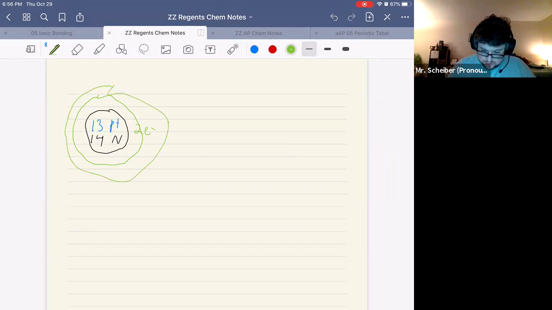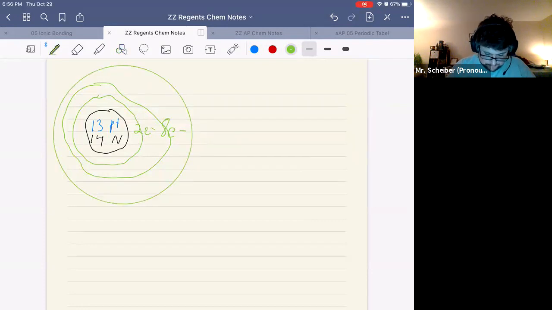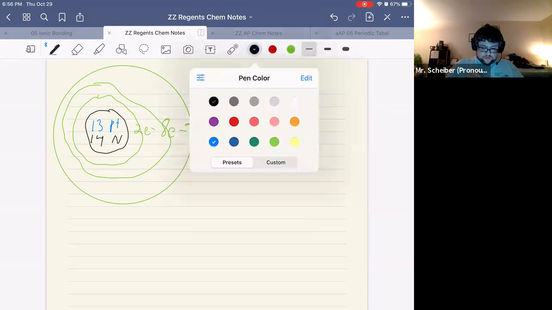Not the best circle in the world. 8 electrons there. We know there are 2 electrons there. Actually, I want to try something. Hey, look at that. 2 electrons there.